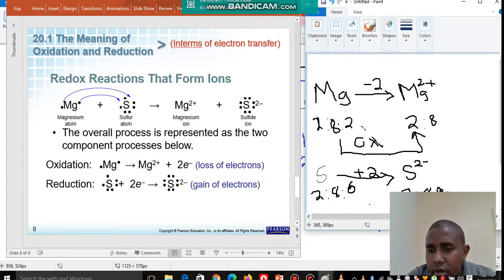Which is argon. So a process of electron gain, we term it as reduction. So this is reduction.